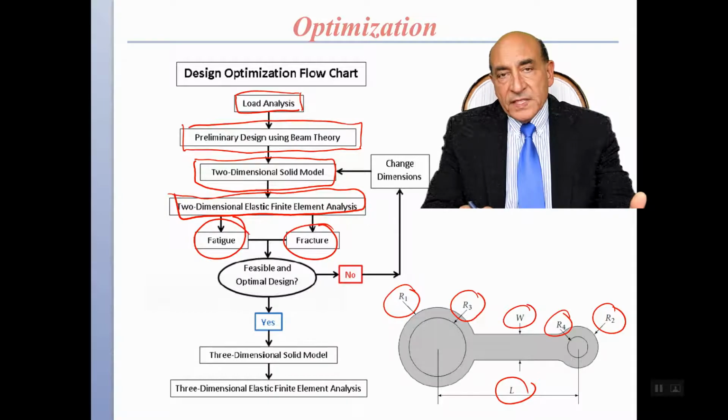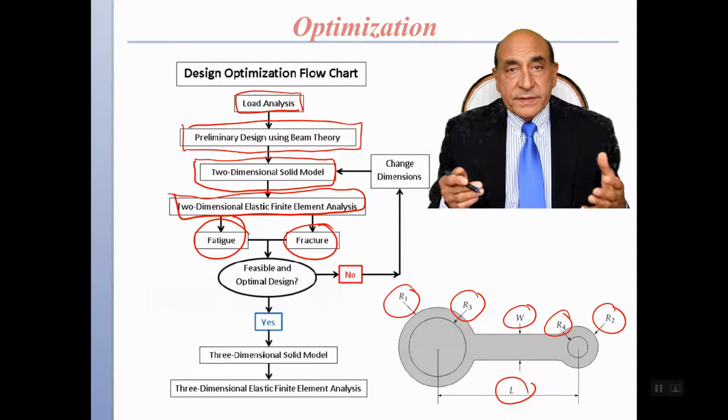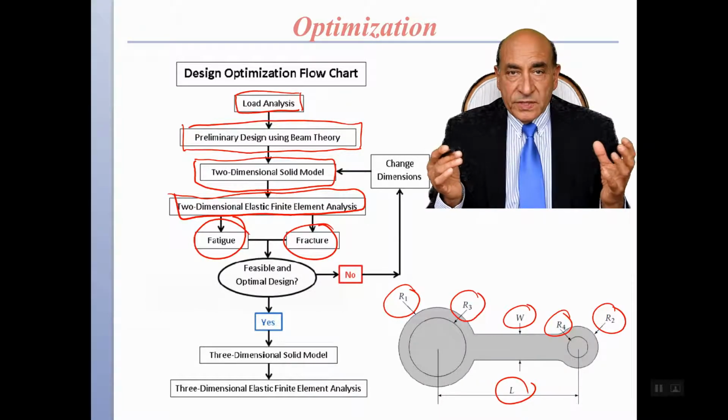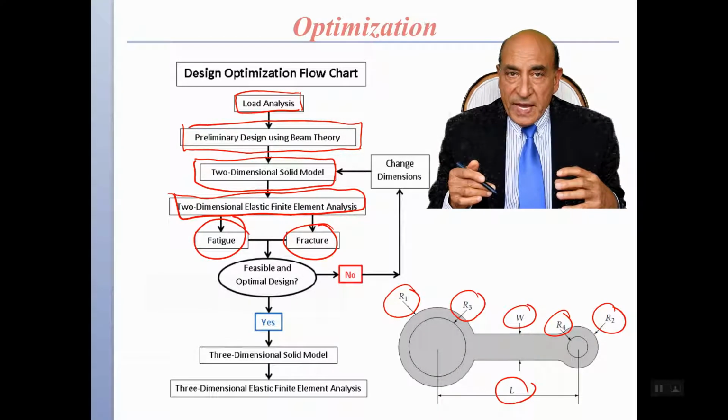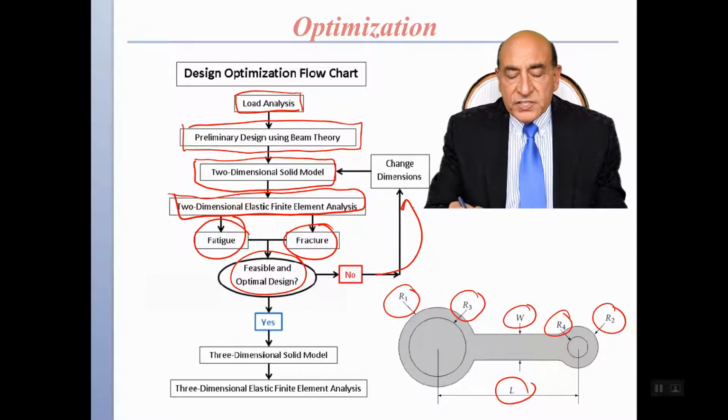If the lifetime is infinite, then it means that the connecting rod that we designed is too big and too heavy. So we have to go back and reduce the size and reduce the mass, because that's the objective, to reduce the mass and the cost of the rod. And if it is not feasible, then I go back and change dimensions.